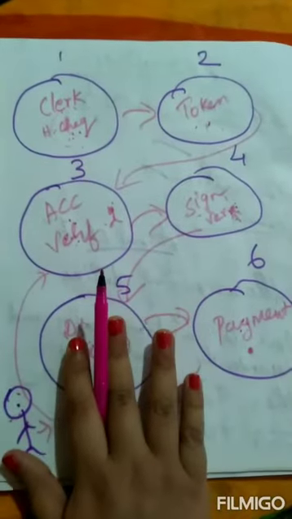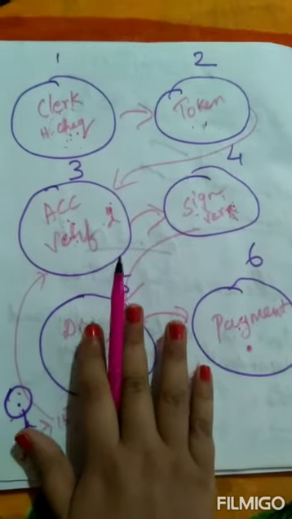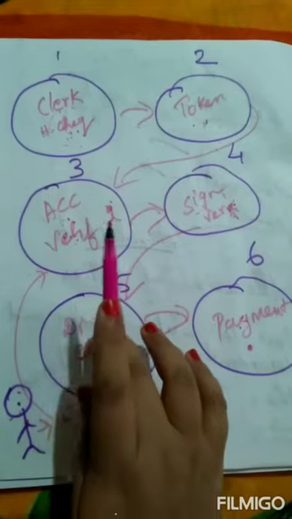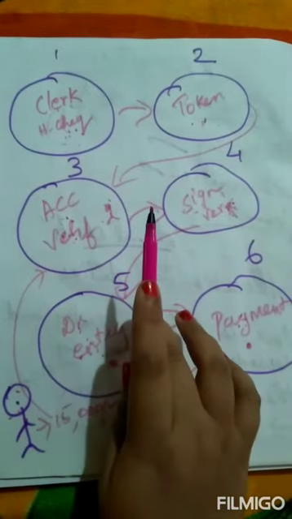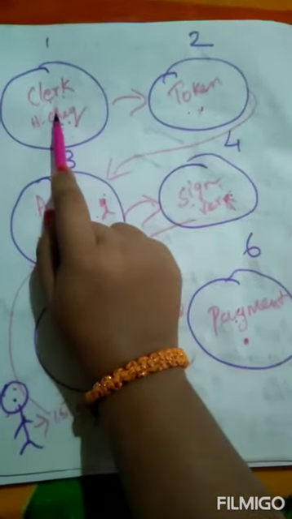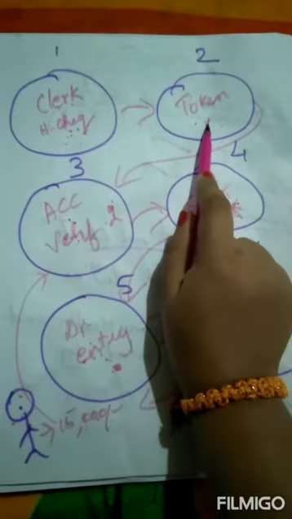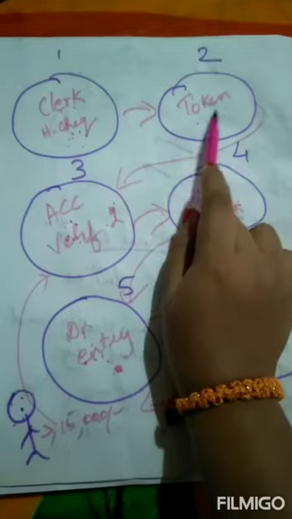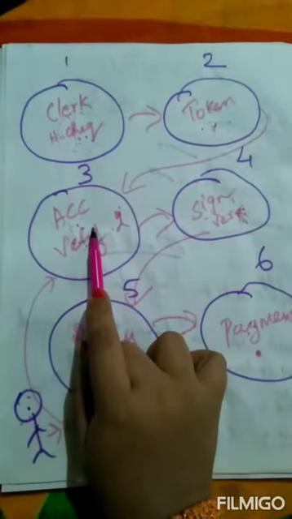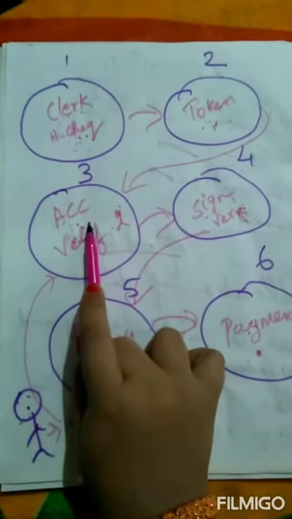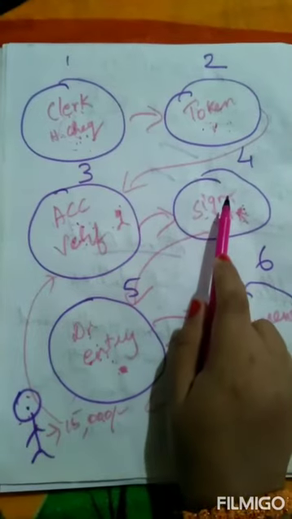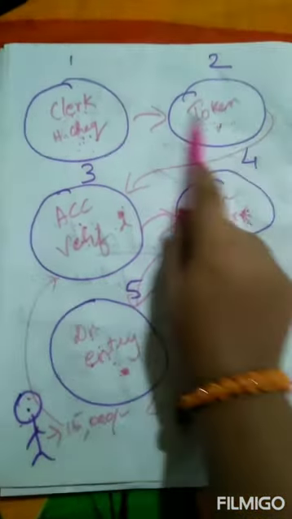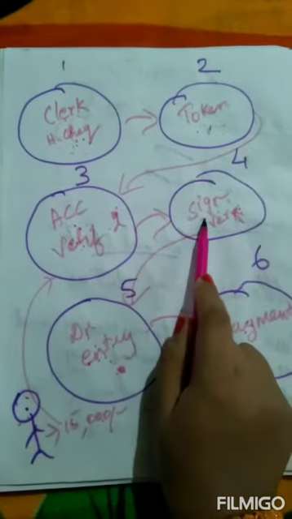Next, the work of one person is checked automatically and independently by another person. So this person's work is checked by this person, and both persons' work is checked by the third counter person. Next, the fourth counter person has to check whether these three counter people have done the work correctly.